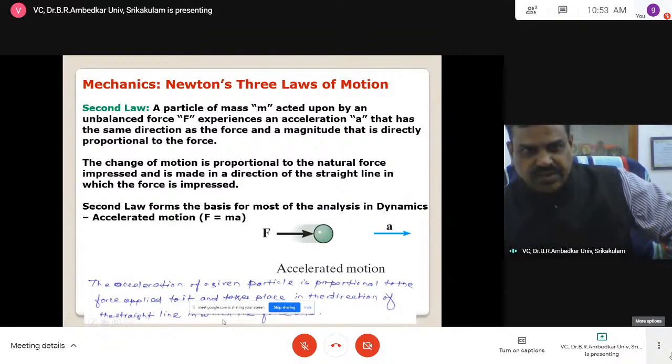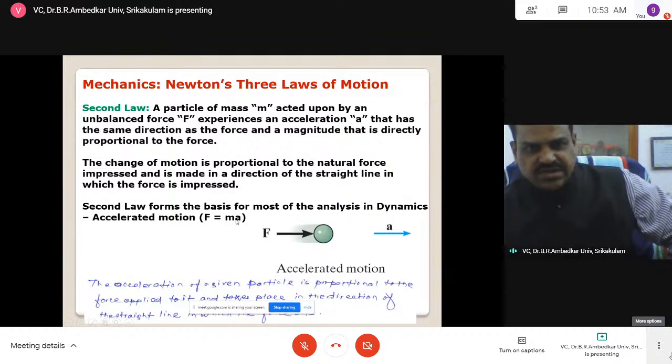Okay? A particle of mass m with an unbalanced force F experiences an acceleration a in the same direction as the force, directly proportional to the force, or to the rate of change of momentum. This can also be defined. This is how the second law, which only deals with accelerated motion, is written: F is equal to ma, where a can be represented as dv by dt.